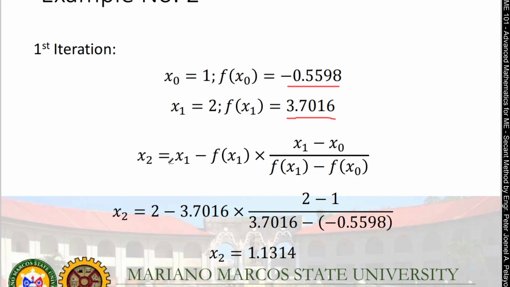So, X2 is equal to X1 minus f(X1) times (X1 minus X0) all over f(X1) minus f(X0). Ito yung parang sa regular falsi pa rin, hindi siya nagpalit. So, X2 natin is 1.1314.